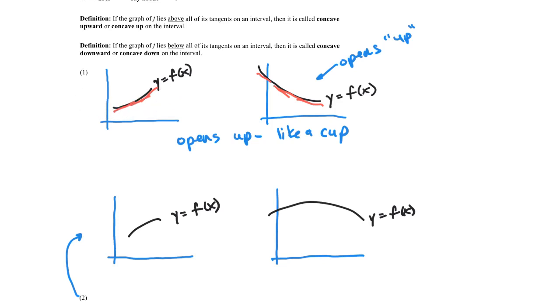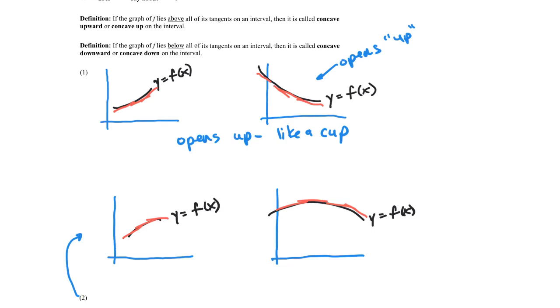That's concave up. So then we have this other type of concavity where the graph of f lies below all of its tangents on an interval. So if we make the tangents on these curves, the tangents end up being above the curve. The tangent lines to the curve are above the curve.